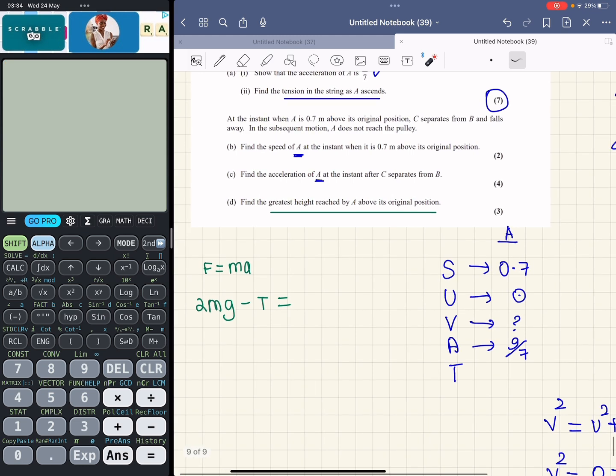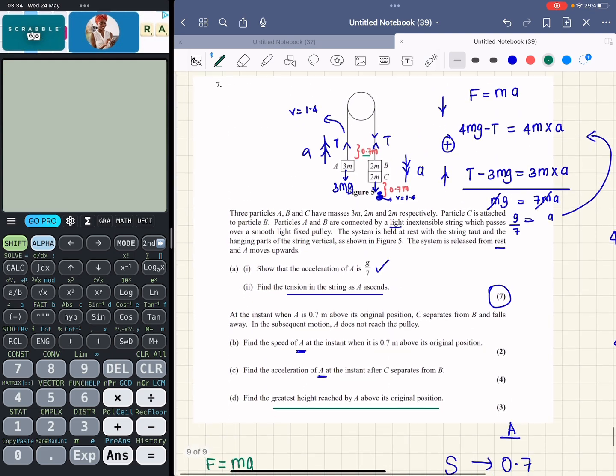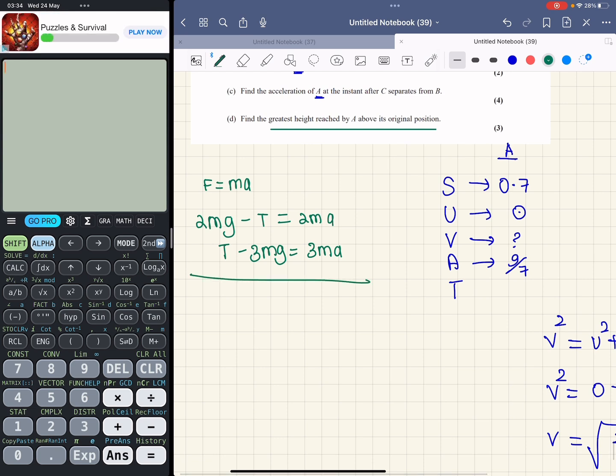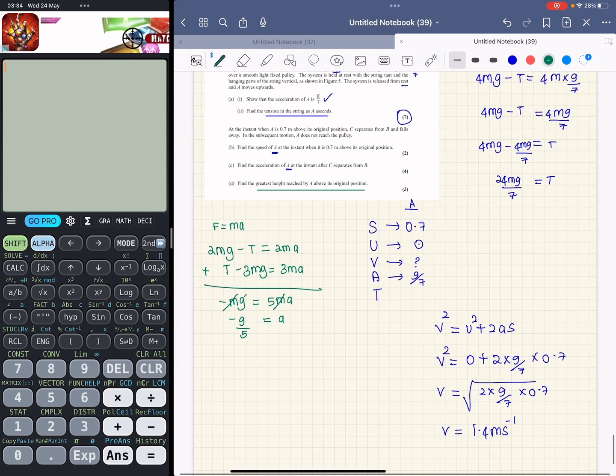Now I've got 2mg minus T is equal to 2ma. For object A, tension minus 3mg is equal to 3ma. Let's add both of these, which gives minus mg is equal to 5ma. Therefore a is minus g over 5, and that's the acceleration of A.